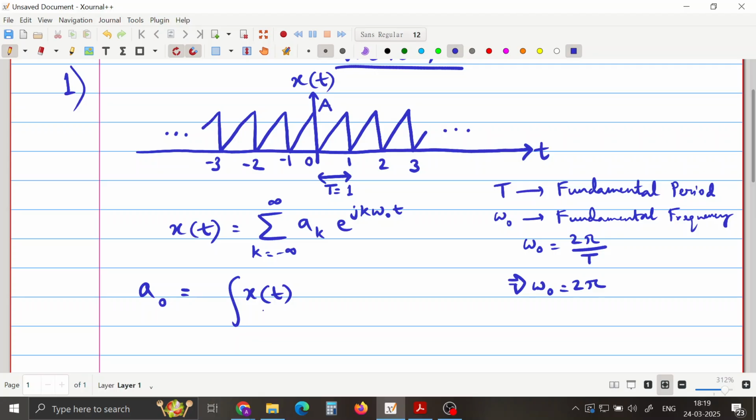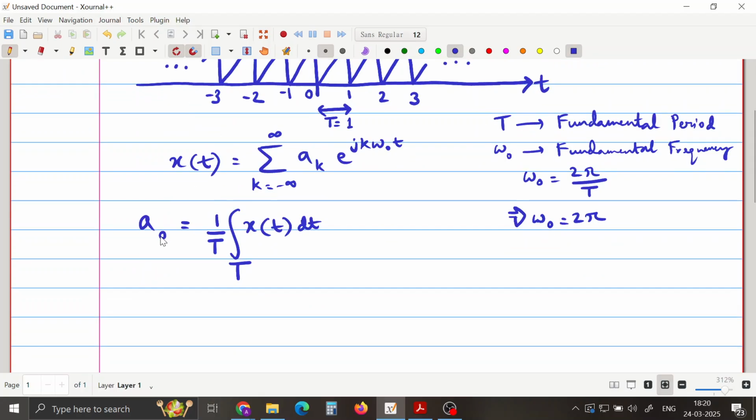So you integrate x of t with respect to dt over one time period. Okay, and so you have to scale the entire thing by the time period. So 1 by capital T comes here. So I have used this integration symbol, and I have written capital T in the lower limit side.